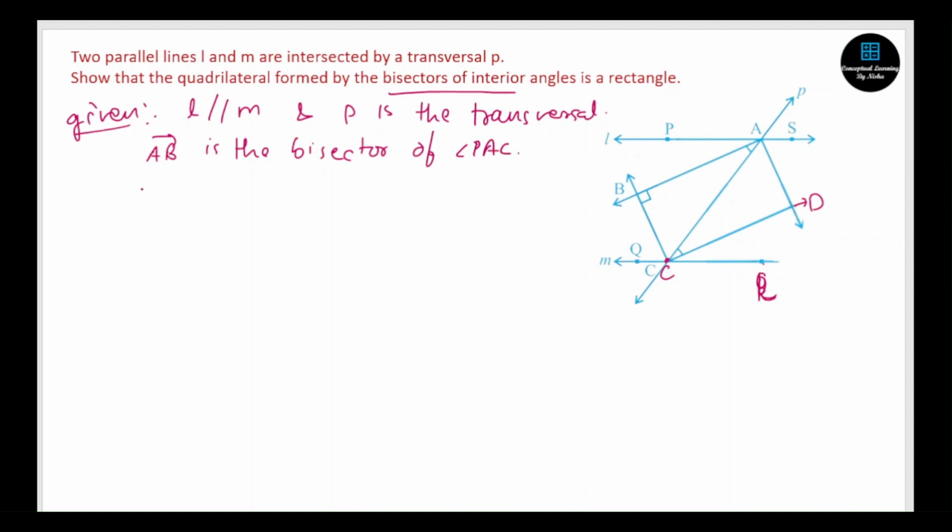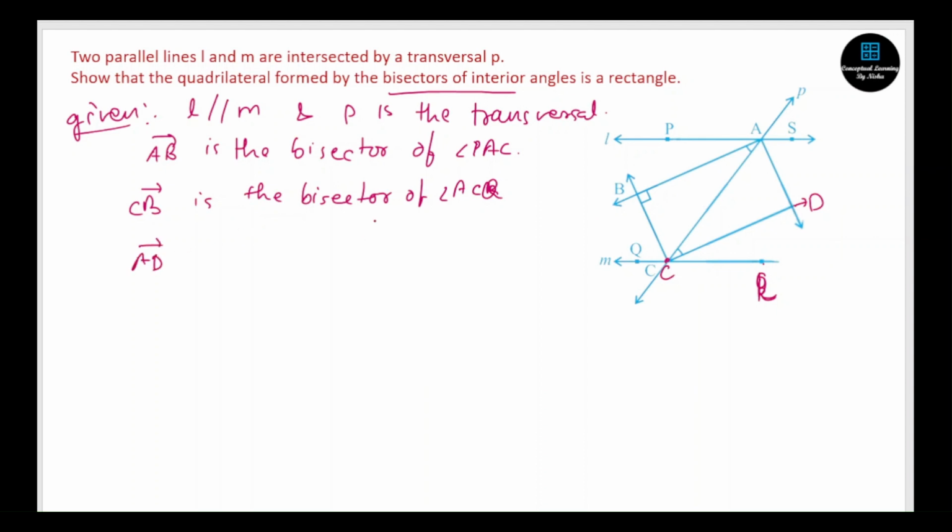Same way, CP is the bisector of angle, tell me which angle? ACQ. Right. Also, AD is the bisector of angle SAC.